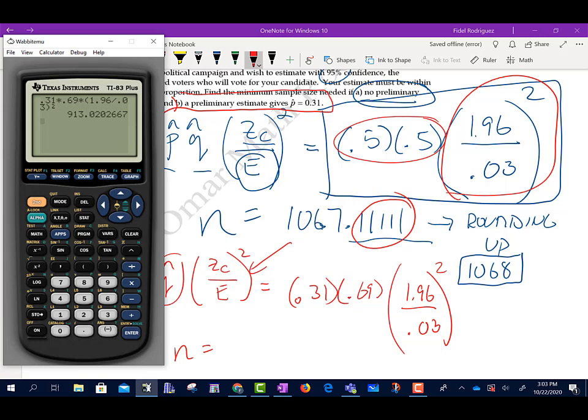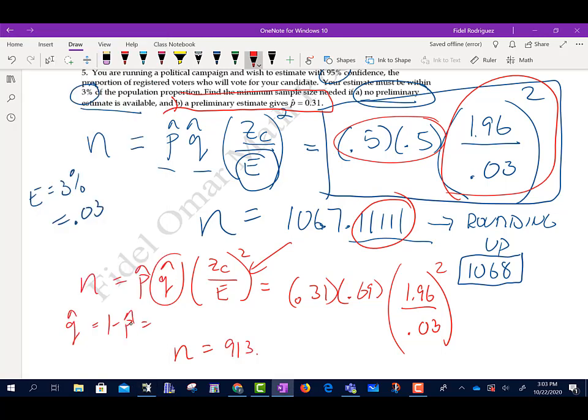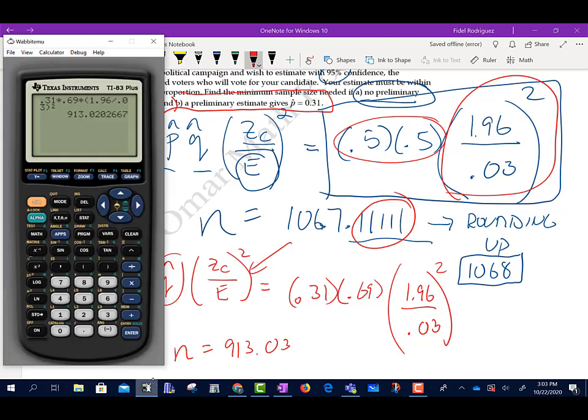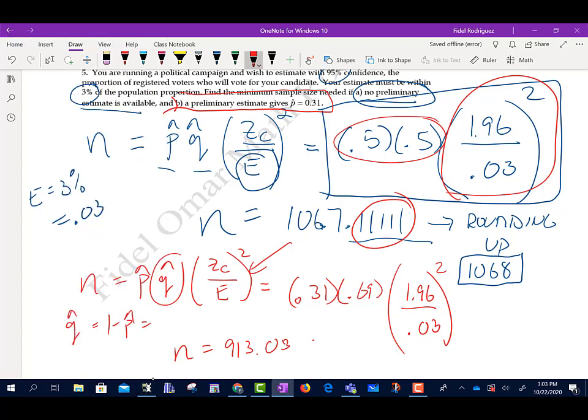I'm coming up with 913 and some change, 0.02-something. Remember, we're going to be rounding up. So then my number here would be 914. And that right there, guys, is 6.3.